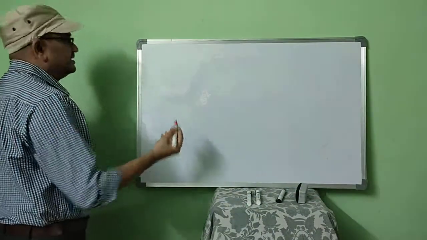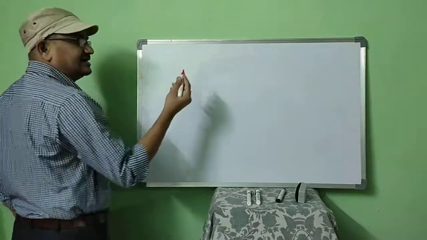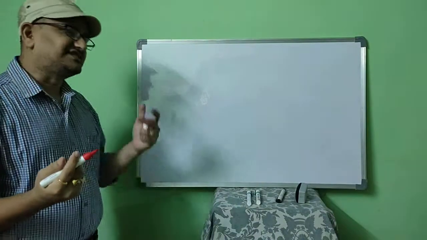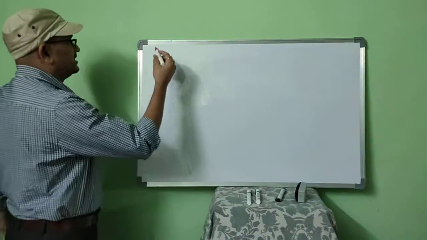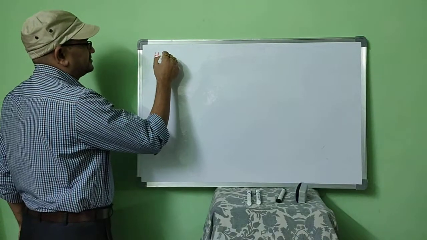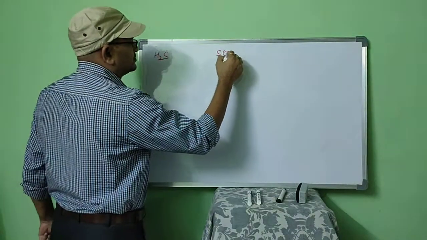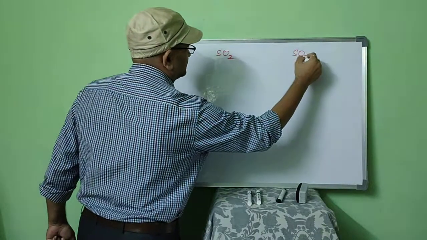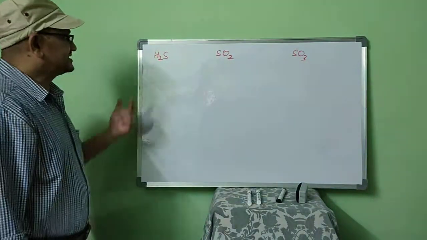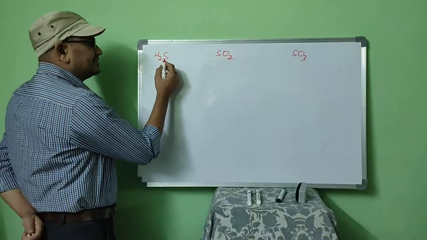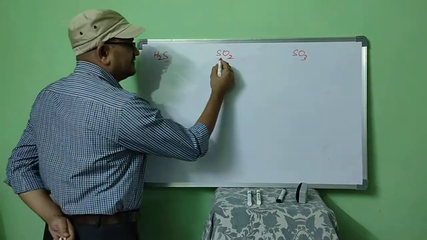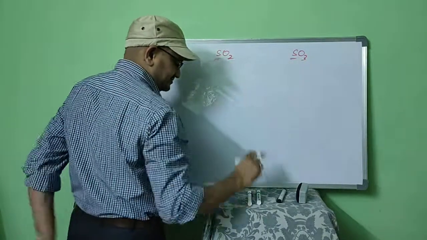We have some other examples, like finding the equivalent mass of the same element in different compounds. For example, H2S, SO2 and SO3. Let's find the equivalent mass of sulfur in each.